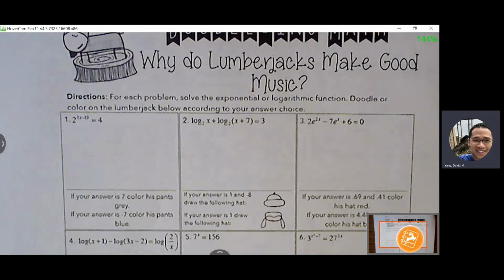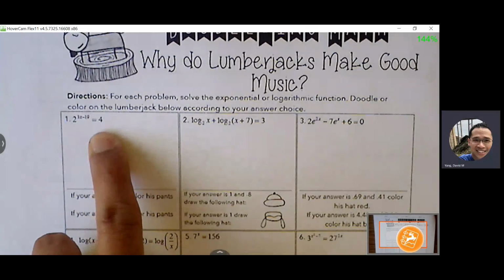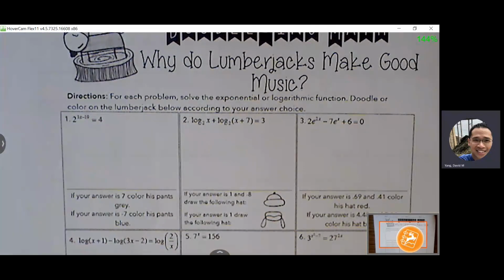Okay, so number 1, looks like we can get that base 2 to show up. So how can I represent 4 in terms of 2? 4 is what? 2 to the second power.